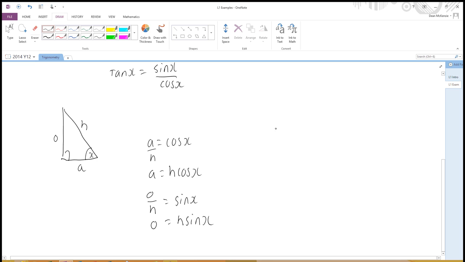Right, let's take a special triangle. Let's take a triangle where the hypotenuse itself is just 1. That would mean that this side here is the adjacent, is h cos x, but h is just 1, so this is just cos x. And this side here is h sine x, but since h is 1, this is just sine x.